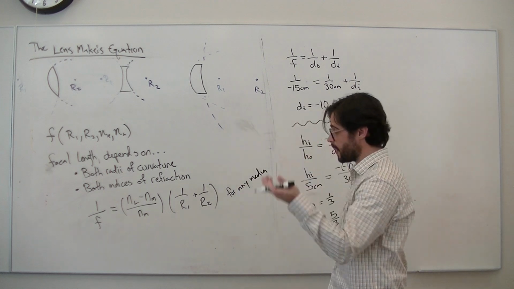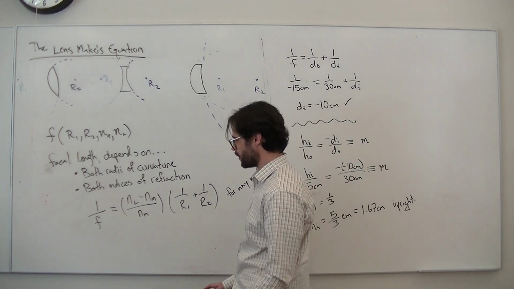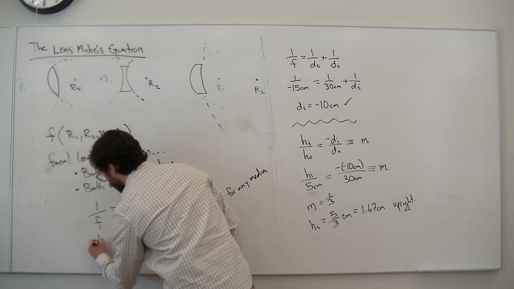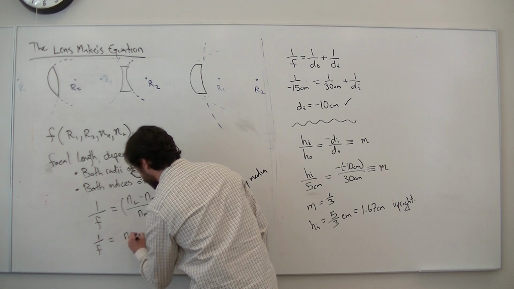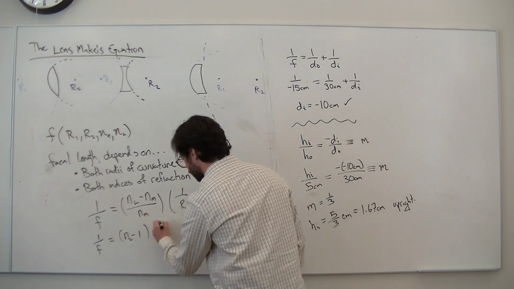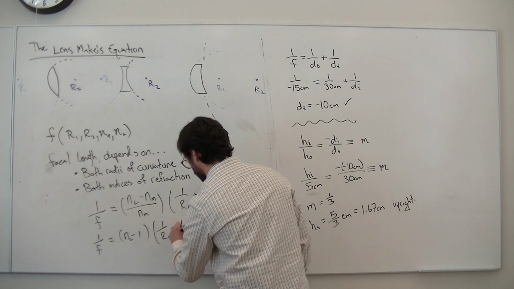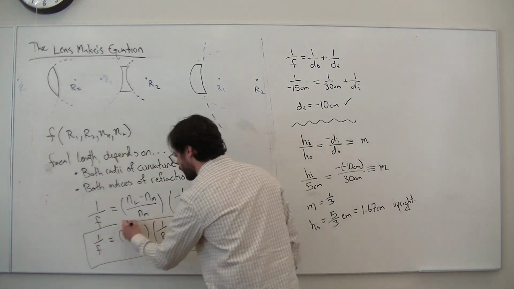So your lens is in space, your lens is in air, your lens is in water, your lens is in molasses, whatever. Specifically for air, and this is the one that we'll see a lot, it's n lens minus 1. So the medium air is 1, 1 is close enough. Then 1 over the reciprocal radii added together.